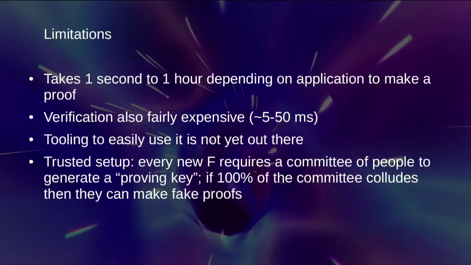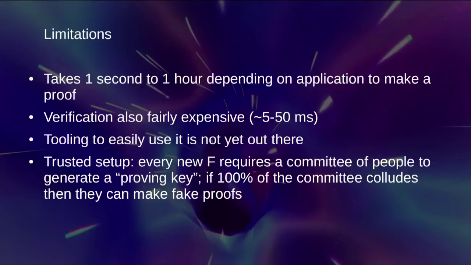Now, if all 6 of these people were dishonest and colluded during the ceremony, then they could maintain the right to create fake proofs. So they cannot compromise privacy, but they can maintain the right to create fake proofs. As long as at least one of the 6 people did delete the data that they used to participate in the ceremony after they participated, then the system is fully safe and no one can cheat it.